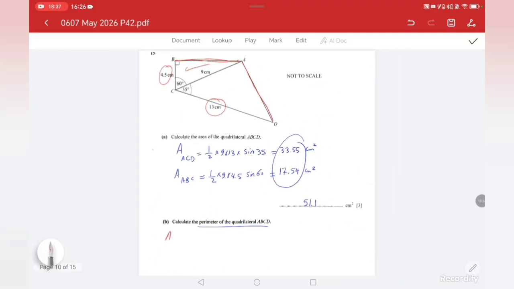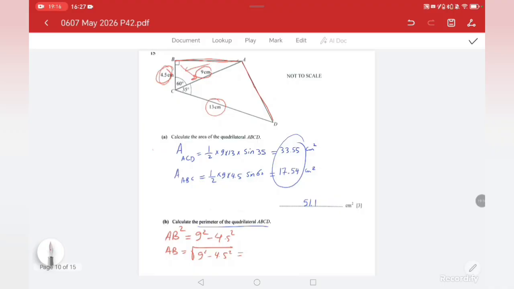So AB squared is 9 squared, the hypotenuse squared, minus 4.5 squared. So AB equals the square root of 9 squared minus 4.5 squared. This is to find the AB.